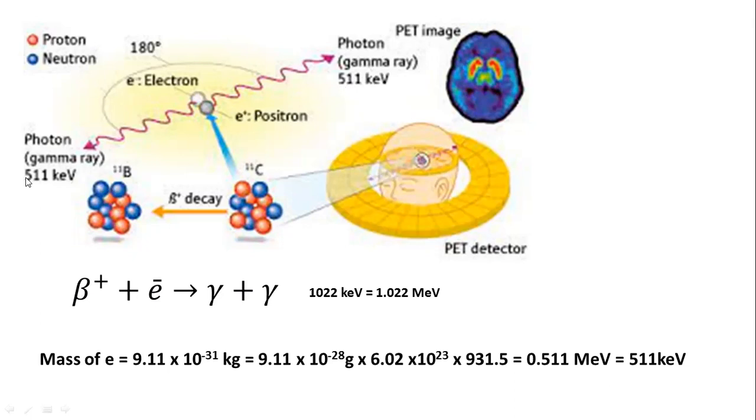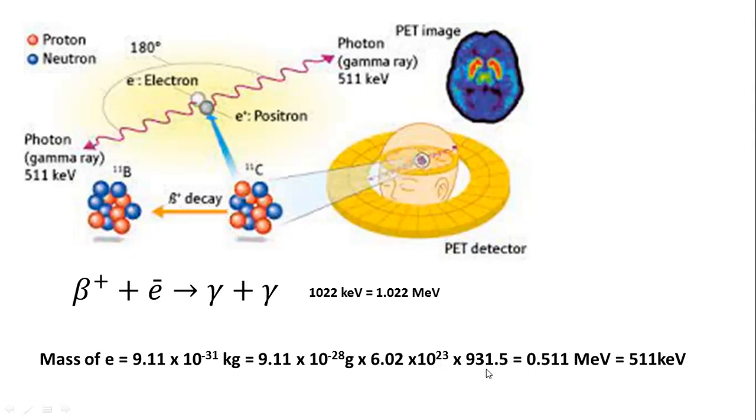0.511 and 0.511. So this is how you can convert the mass into the energy. This is the mass of the electron, 9.11 x 10 to the minus 31 kilogram, and you may convert into gram, 9.1 x 10 to the minus 28 gram, and you can multiply with the Avogadro number, and you can further multiply by 931.5.